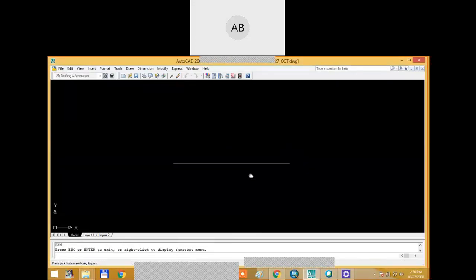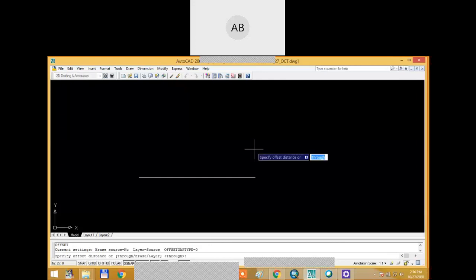Then I draw a line from some point, how long? 19 centimeter. Zoom. Yes. So I will offset this line. How much? 9 centimeter. Sorry, this is in centimeter, but our unit is in millimeter. So be careful about the unit.